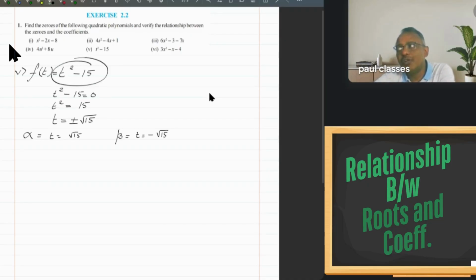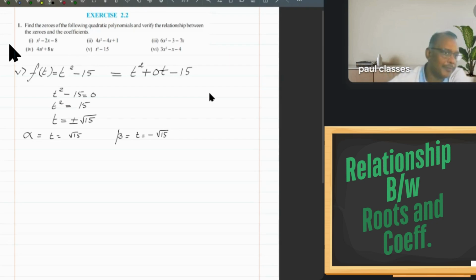अच्छा, there is no t term here, means it is somewhat like a 0t and a minus 15. t term नहीं है, तो जो टर्म नहीं रहता है उसको बराबर 0 डाल दो. तो कंपेयर एंड टेल मी व्हाट इज a here? 1.